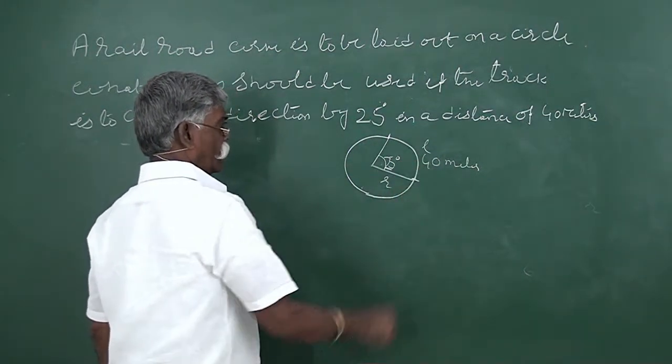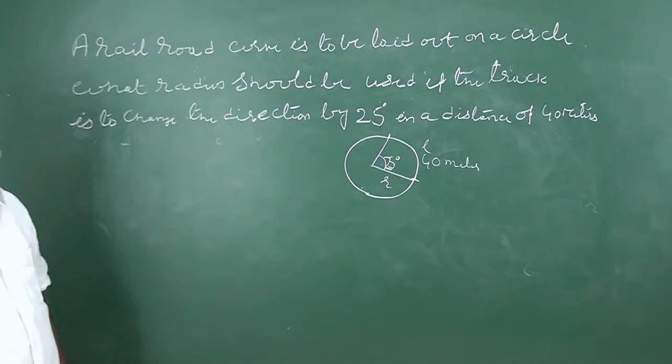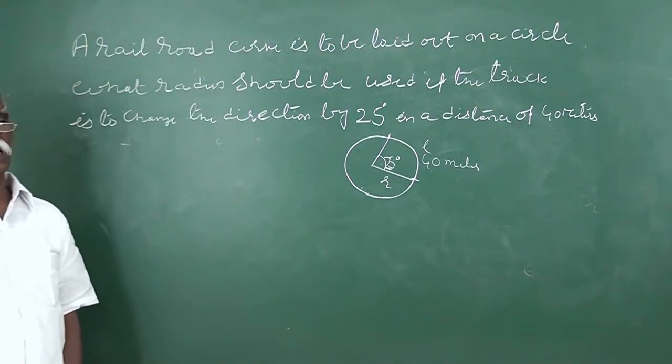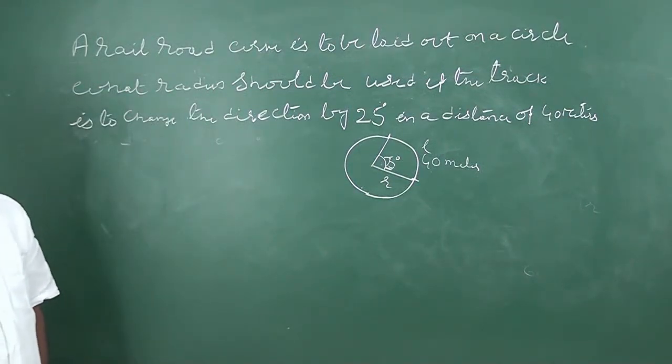is the length of the arc, it is given as 40 meters, and the angle subtended at the center is 25 degrees.